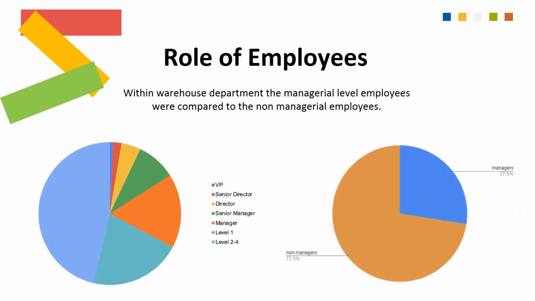The data of the warehouse department was further bifurcated depending upon the employees' roles. The department consists of 27.5% managers and 72.5% non-managers, which were compared to each other.